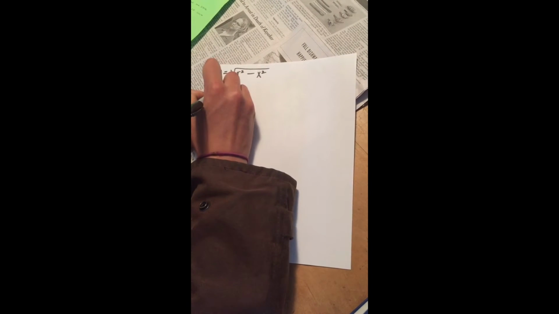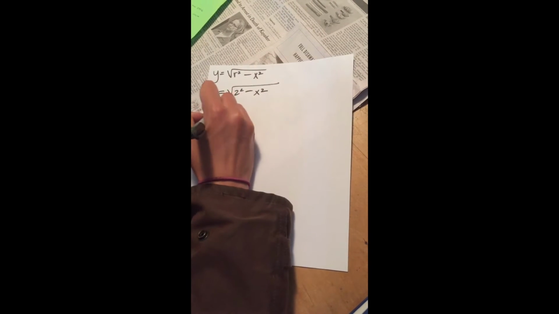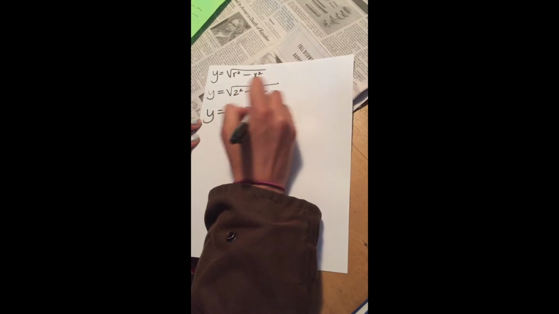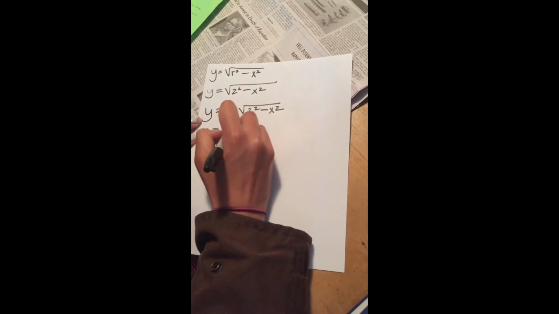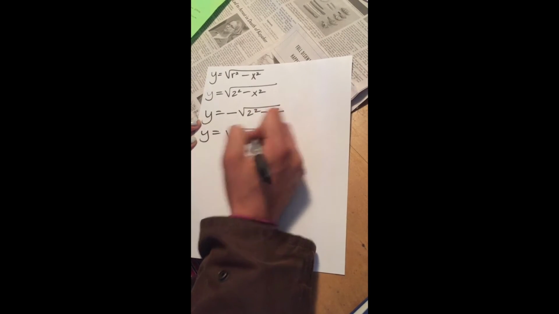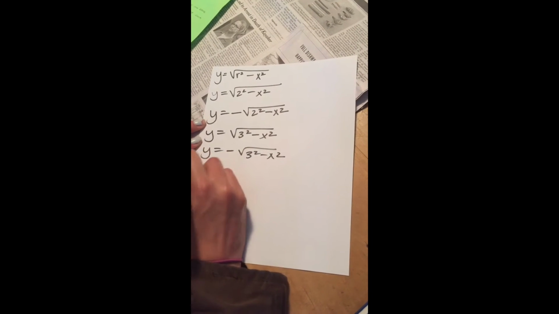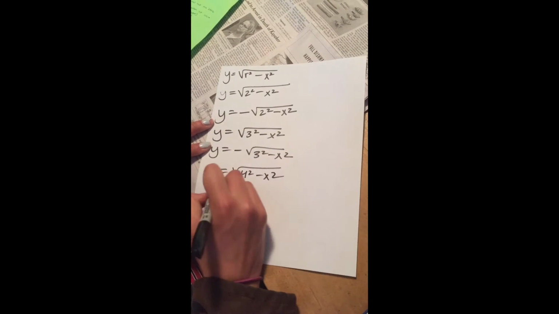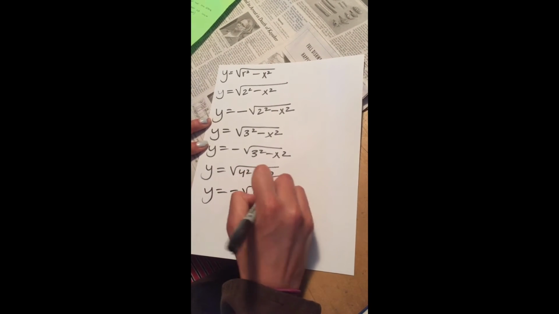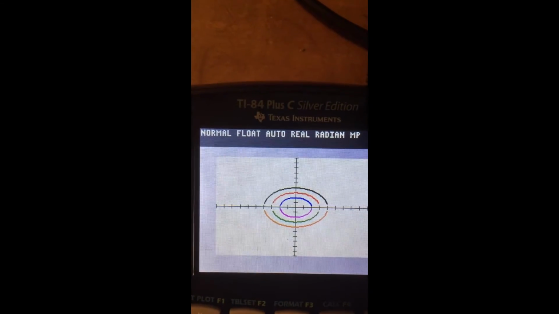So if we plug in y equals the square root of 2 squared minus x squared, y equals negative square root of 2 squared minus x squared, y equals square root of 3 squared minus x squared, y equals negative square root of 3 squared minus x squared, y equals square root of 4 squared minus x squared, and finally y equals the negative square root of 4 squared minus x squared, we can get a fingerprint that looks like this. Perfect.